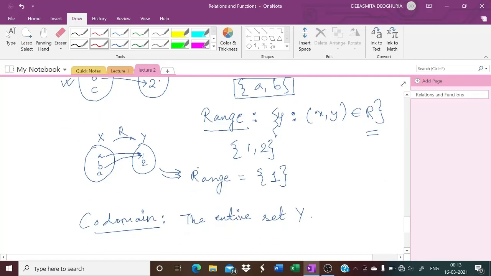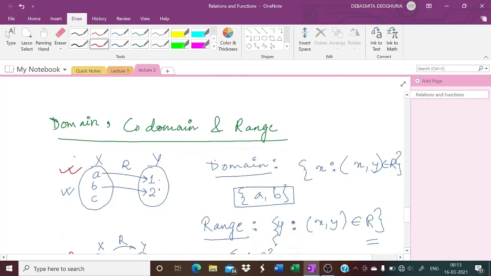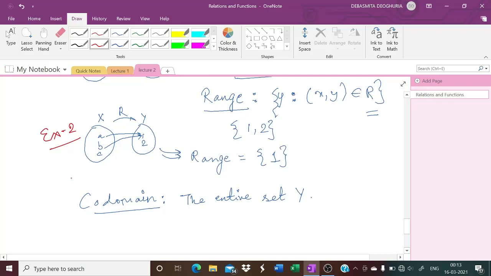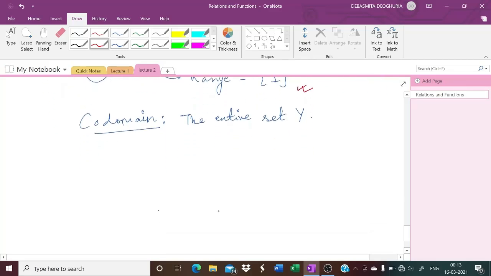Let me label this as example 1. In example 1, your range is equal to codomain. In example 2, your range is not equal to codomain. Your codomain is 1, 2, but your range is only 1. So this is the difference. Very good.